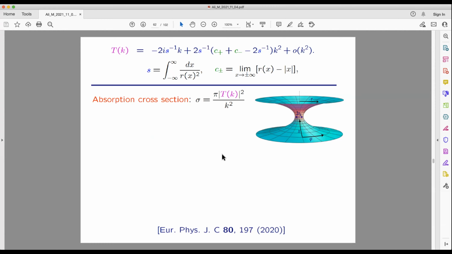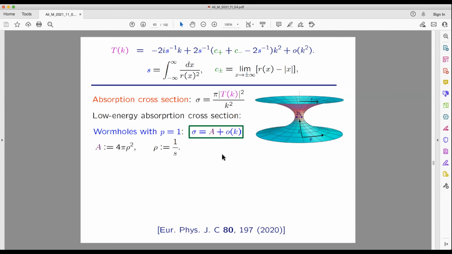So the important thing is, what is the nature of this absorption coefficient? Now, with our results, we could calculate this for the wormholes with this P equal to 1, and it turns out to be an area defined by this length scale 1 over S. So it looks like a star, or a spherical object with some radius rho.